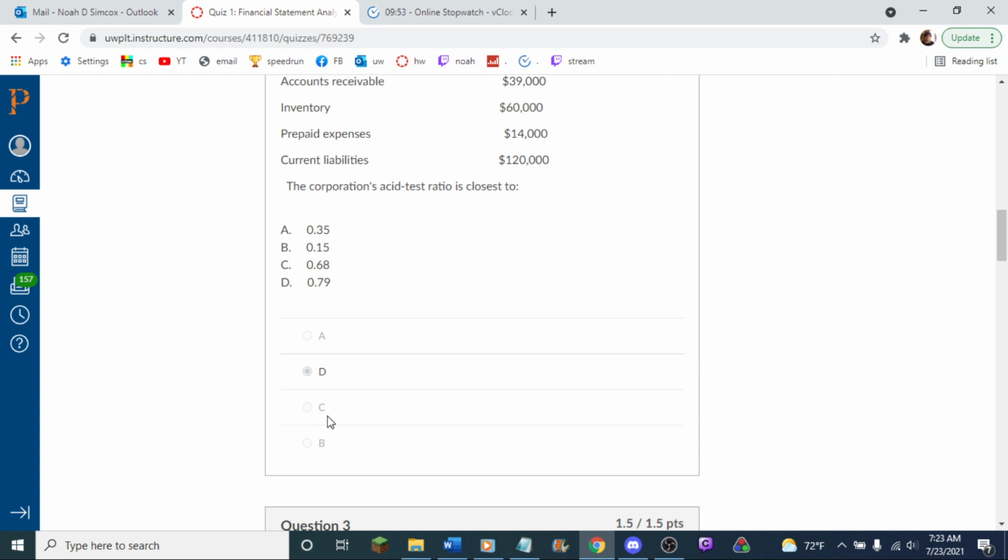Debt ratio is the total liabilities over total assets. But here's the problem. They include lots of weird things in total liabilities. What are we supposed to include in total liabilities? Tell me what to include. The test better say you're supposed to include this, this, and this in total liabilities.